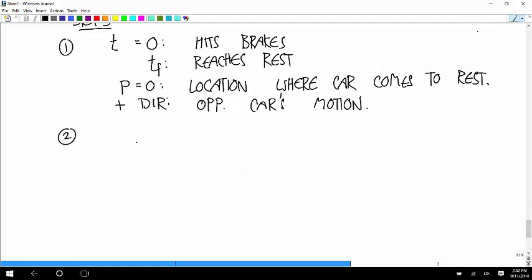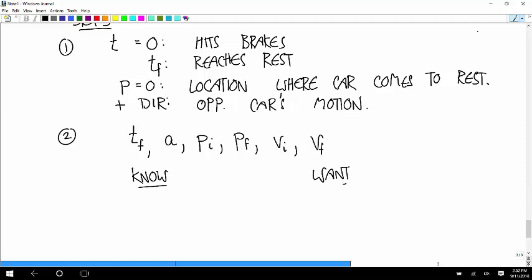And now out of this list of 6 variables, time final, acceleration, position initial, position final, velocity initial, and velocity final, we want to figure out which ones we know and which ones we want. Okay, so first, do we know time final?